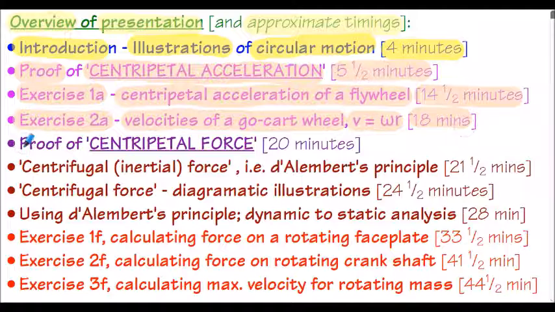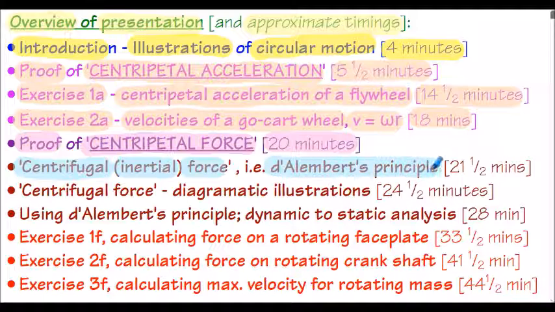Next there is a brief proof of centripetal force, which is required to induce the acceleration, starts 20 minutes in. Then we review the centrifugal, sometimes called inertial forces, and that relates to application of D'Alembert's principles we reviewed in a previous presentation. That's around 21.5 minutes into the presentation.